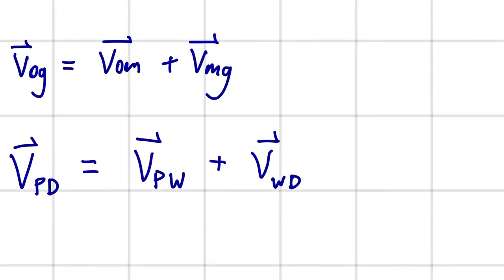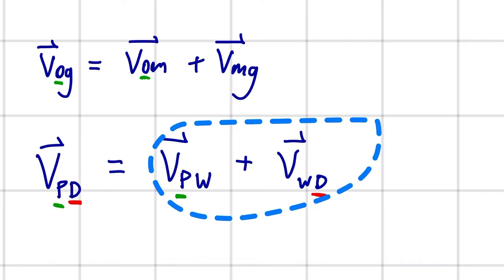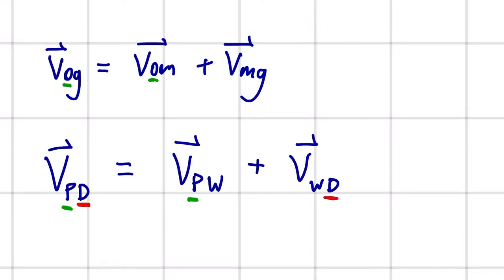And what's important to note here, this is going to be a trick for when you guys are assembling your equations. You see that the velocity, this first object is going to be consistent. When you're looking at this here, this PD, when we're adding our vectors, this first value is going to be the first value of our first vector, and the second value is going to be the second value of our second vector.